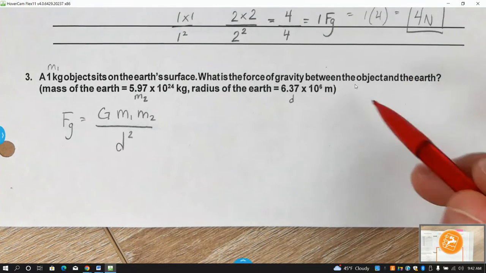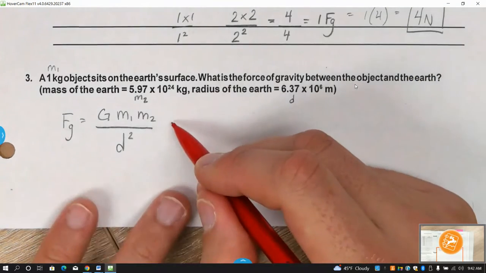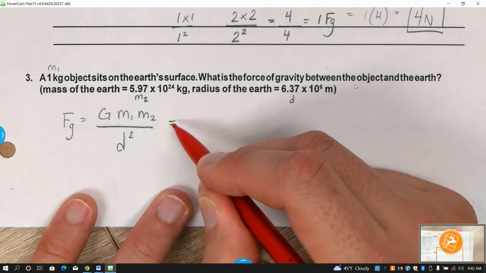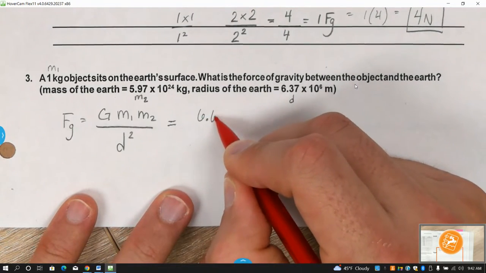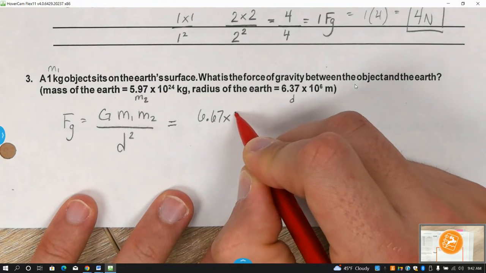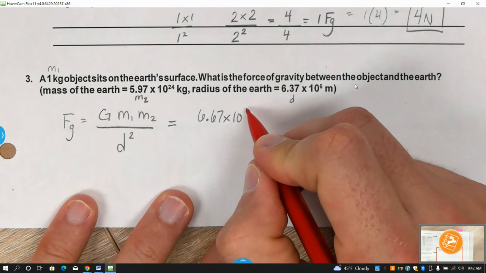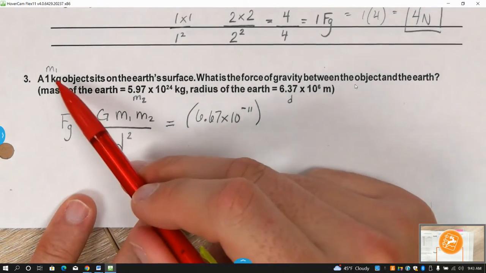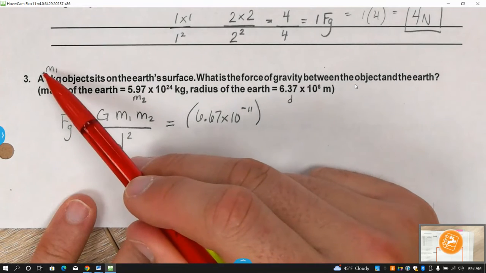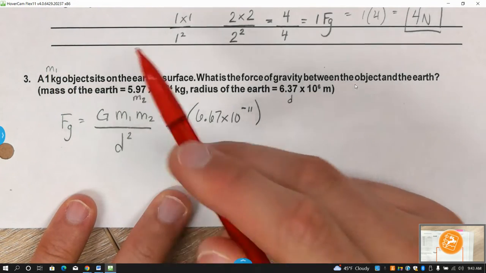All right, so let's put in all of our information. What is the value for big G again? 6.67 times what? 10 to the negative 11th. Good. First mass, M1, we said is 1.